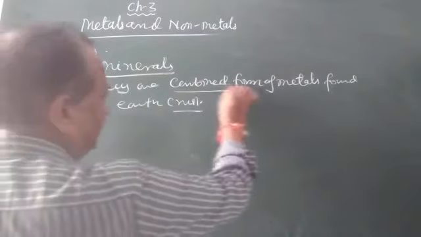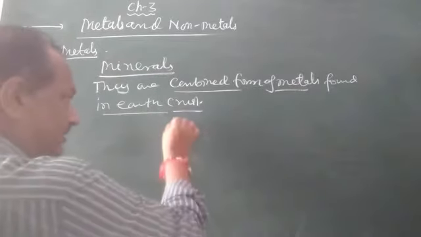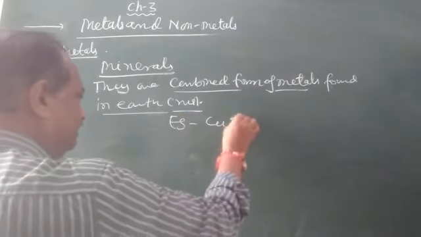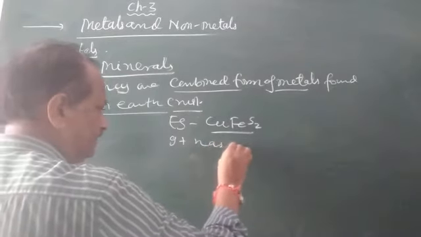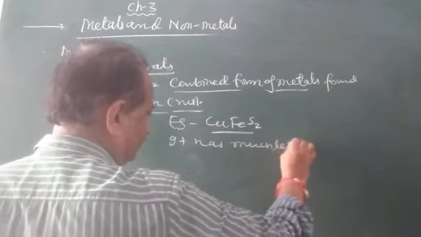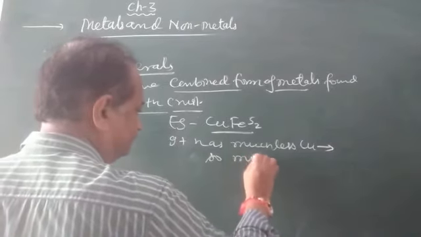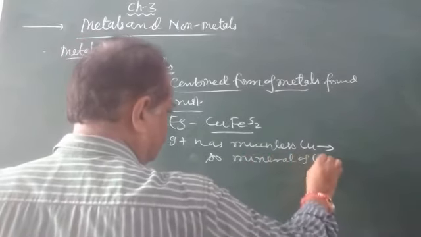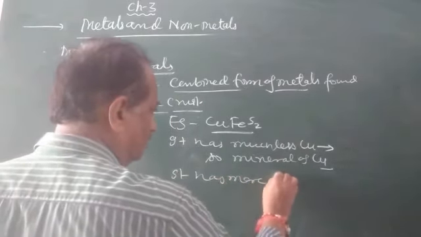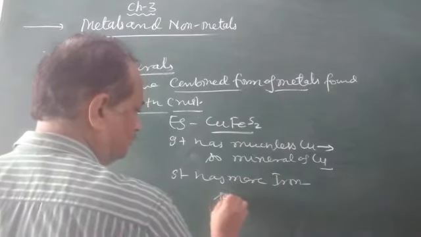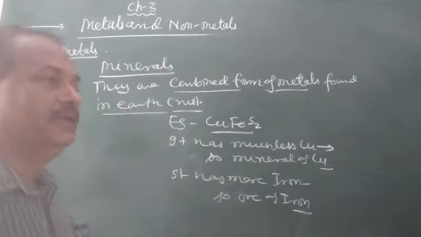They are just the combined form of metal found in the earth crust. See the first example, CuFeS2. It has much less copper, so it is a mineral of copper. It has more iron, so it is an ore of iron. This is for your explanation.